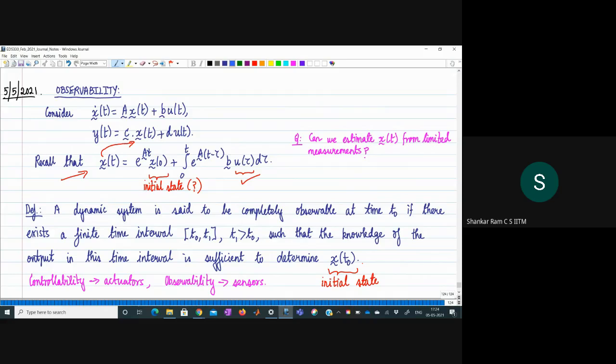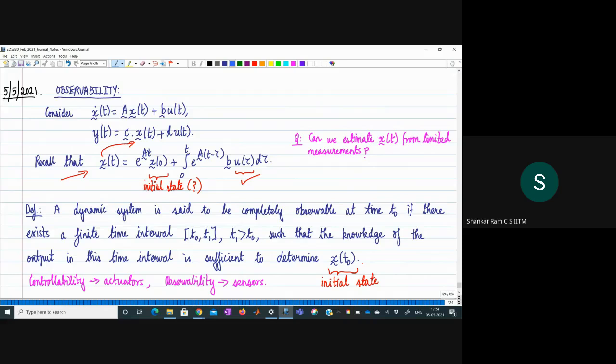We check the criterion for observability by looking at the observability matrix, and its rank should be n for the system to be completely observable.